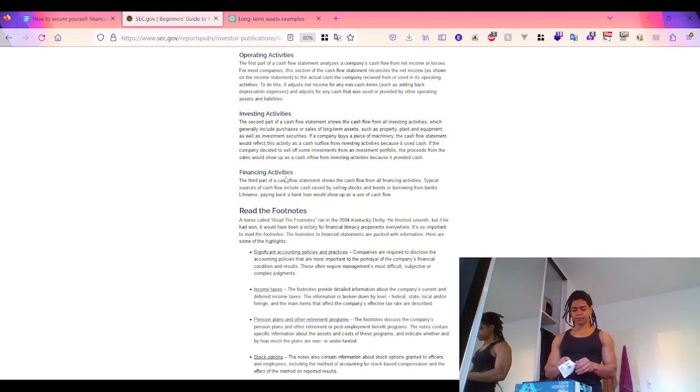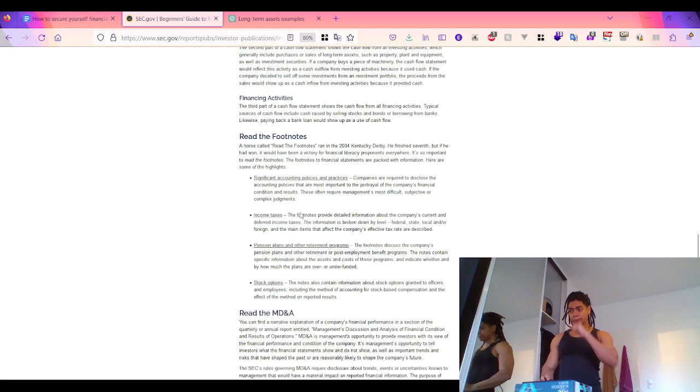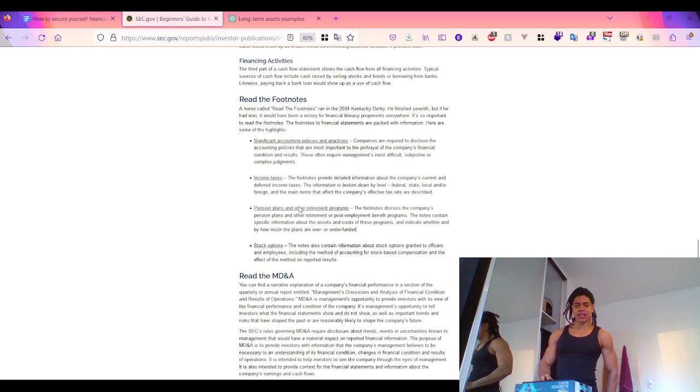Now, the next highlight from the footnotes is the income taxes, where you're going to see in more detail the deferred taxes, the income taxes, the federal, state, local, and foreign taxes, and any other items that affect the tax described.